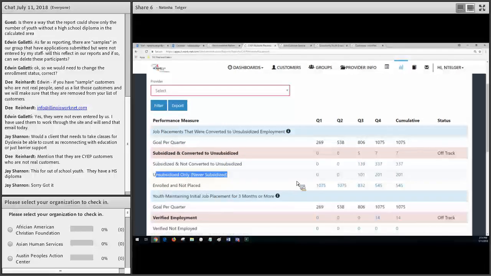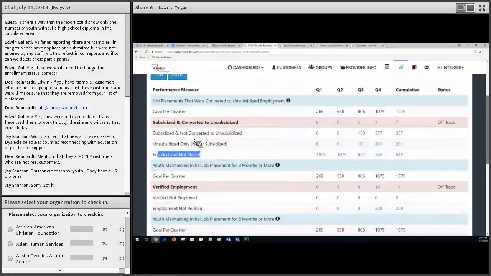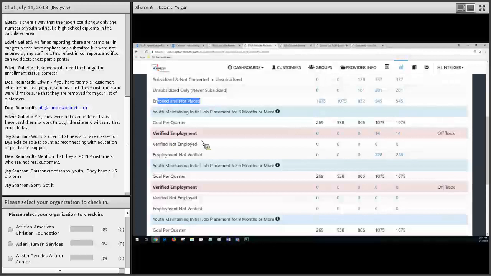And then we have the unsubsidized only, which is a good thing. And then we have the enrolled and not placed. So then you can easily see where your customers fall in these categories. Select the link, and you'll get a list of customers, and you can update the information as it needs to be updated.